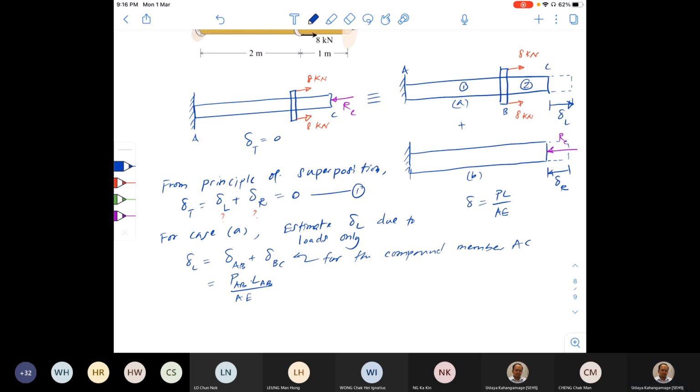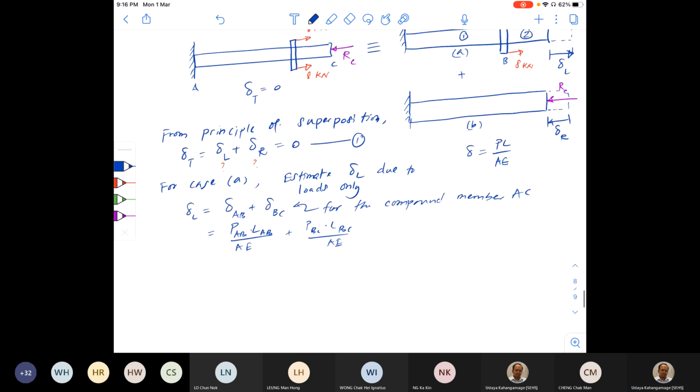Okay. Plus delta BC is PBC times LBC over AE. Okay, so now PAB and PBC are internal forces, right? We need to find out those two values.